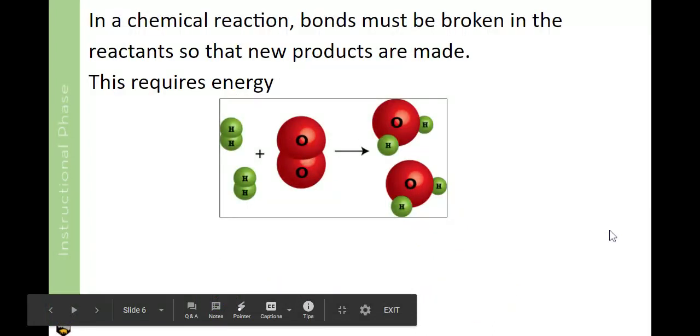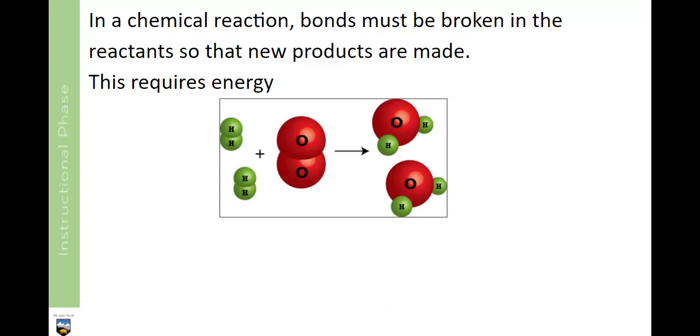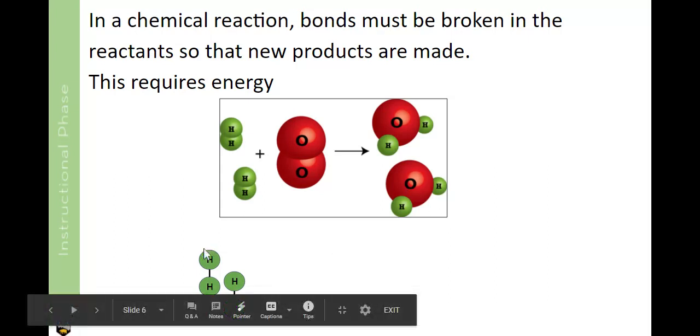Okay, so in a chemical reaction, for a reaction to happen, the bonds in the reactants first need to be broken. If the bonds aren't broken, new products can't form. So bonds must be broken in order for new bonds to be formed. And in order to break those bonds, we know from last lesson that it takes energy. So if I looked at this reaction a little bit differently, if I drew out the hydrogen molecules with the bonds, the chemical bonds in between, these lines represent a chemical bond.